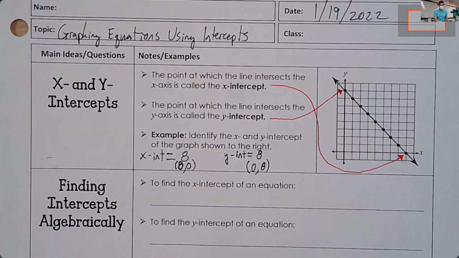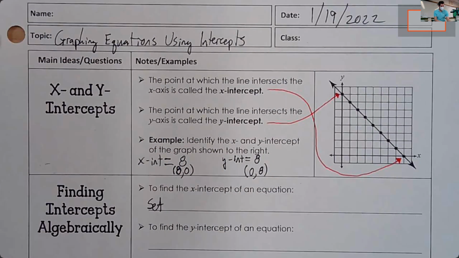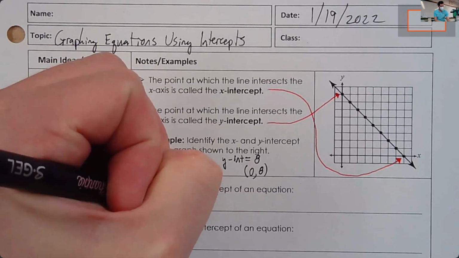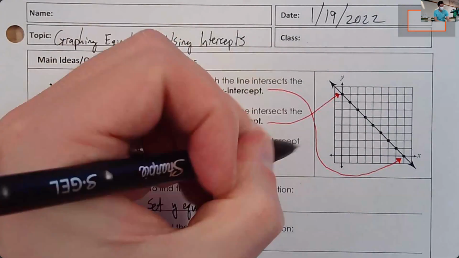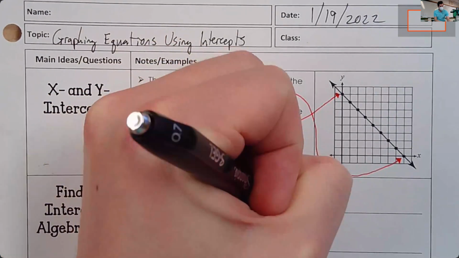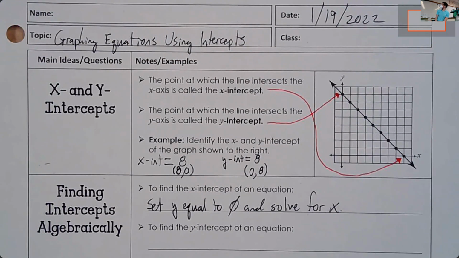But we're going to write some things down first. We're going to say set Y equal to 0 and solve for X. Set Y equal to 0 and solve for X.